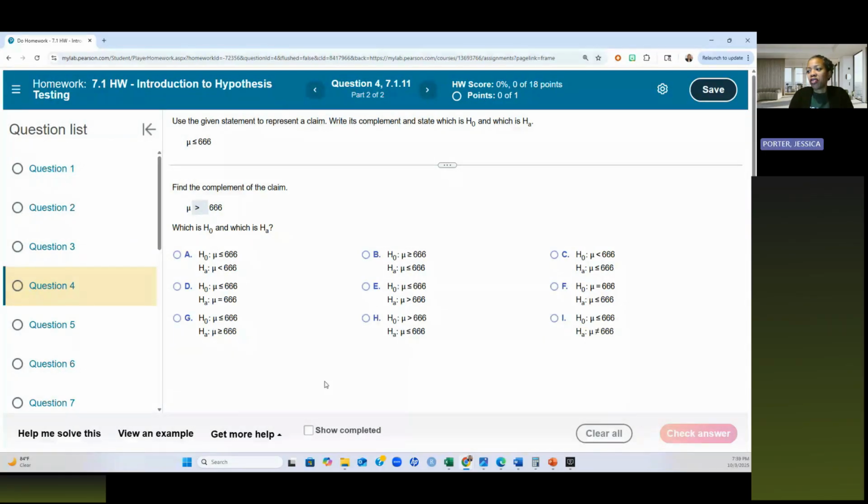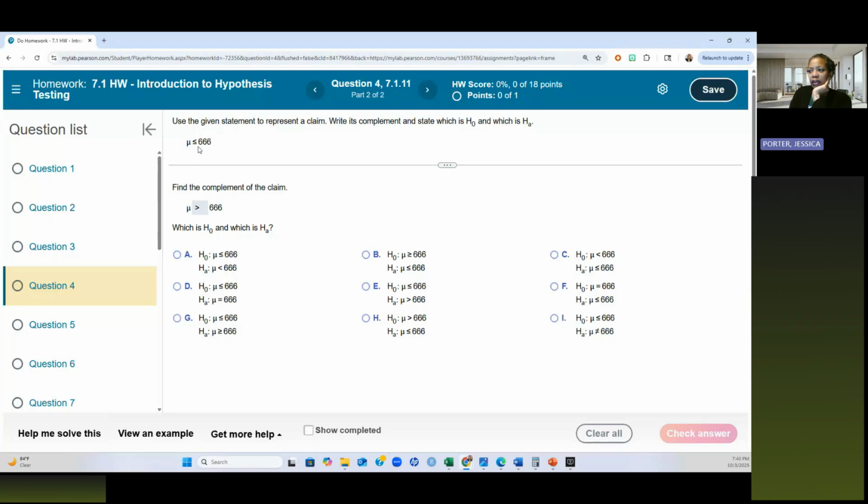All right, so of your choices, A through I, which is the null hypothesis and which is the alternative hypothesis? Hint, the null hypothesis has an equal sign in it. On D, you have an equal sign. So that's not the opposite of less than equal to.